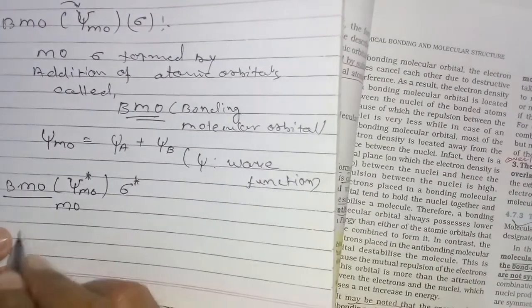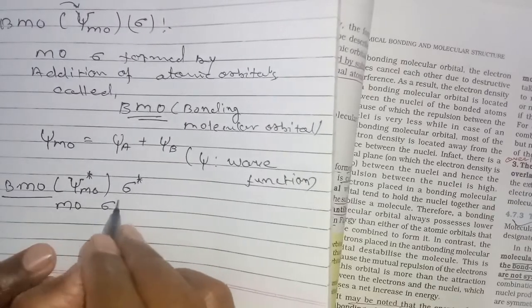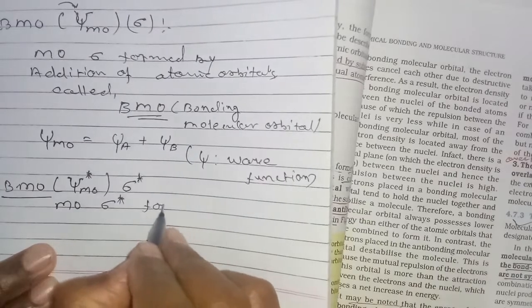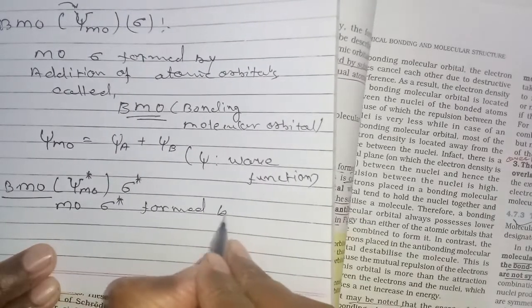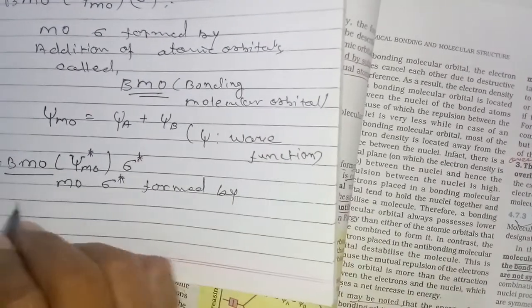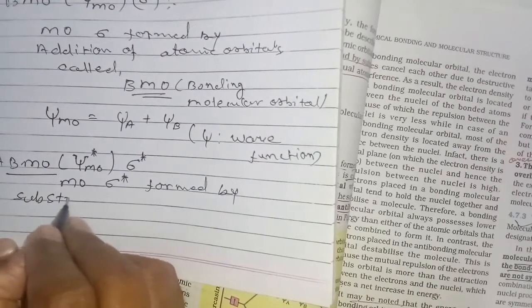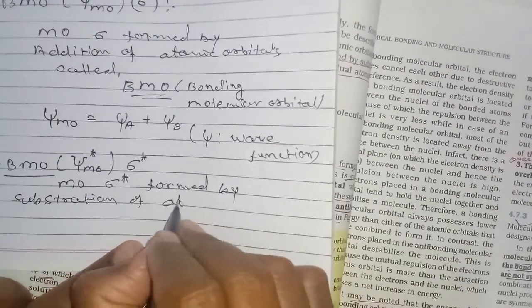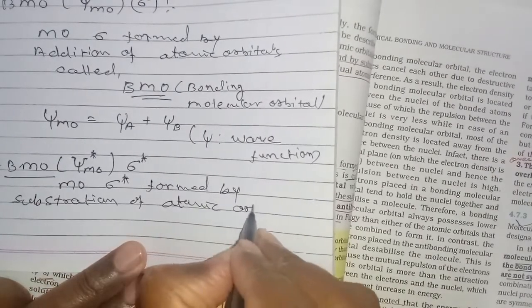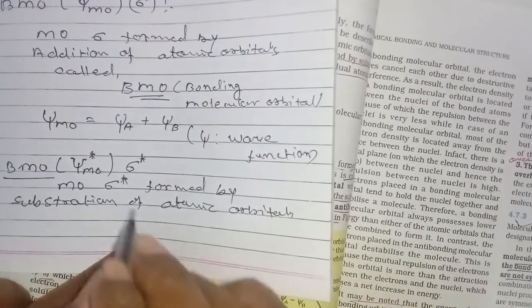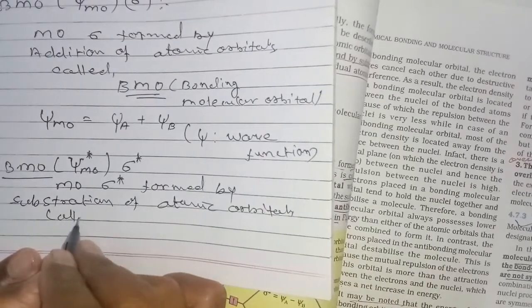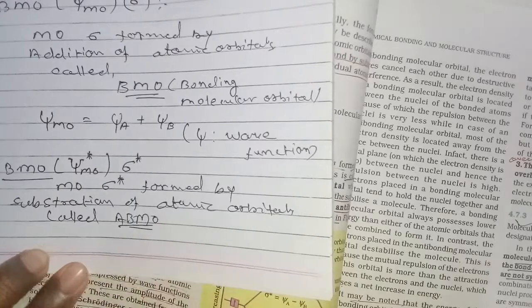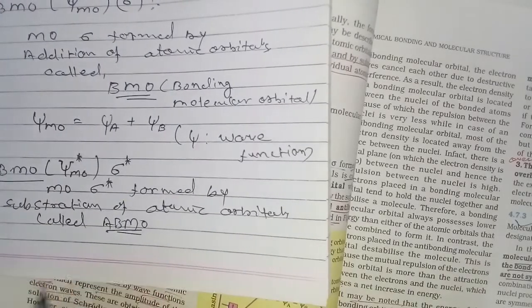The molecular orbital sigma antibonding is formed by subtraction of atomic orbitals, and it is called the antibonding molecular orbital.